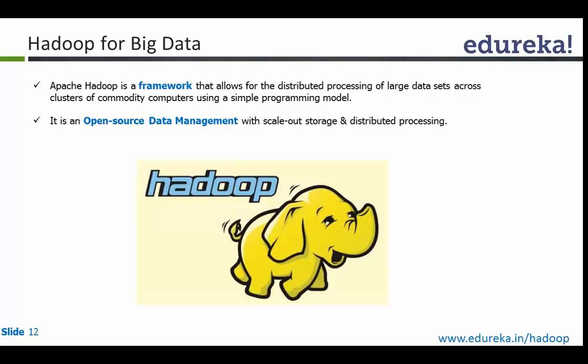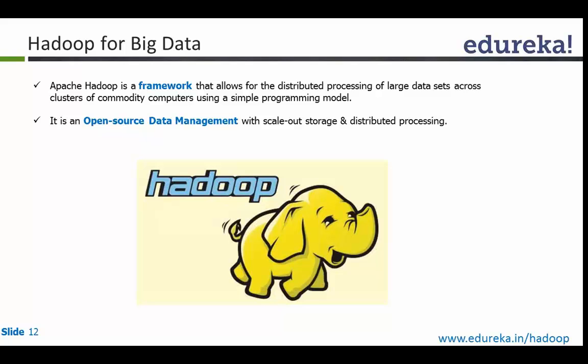Before that, sometimes you would have seen the small yellow elephant. It's a brand ambassador of Hadoop. The name Hadoop was given by the inventor, Doug Cutting, taking the idea from his kid's toy. He used to call that small yellow elephant Hadoop.